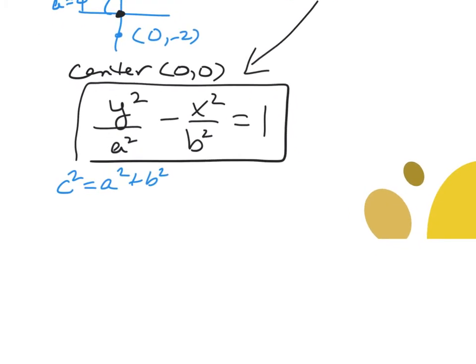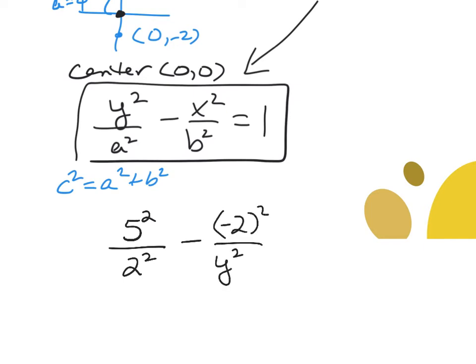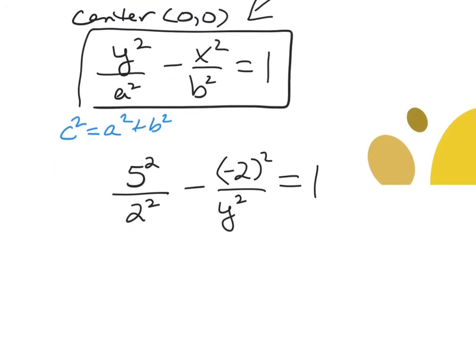So I'm going to be doing 5 squared over 2 squared minus negative 2 squared over y squared. Let me evaluate all these exponents. 25 over 4 minus 4 over y squared equals 1.